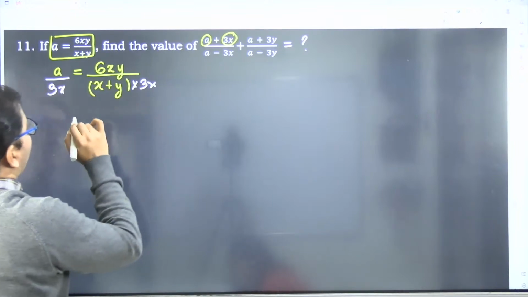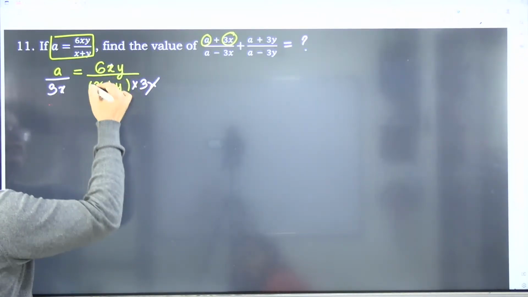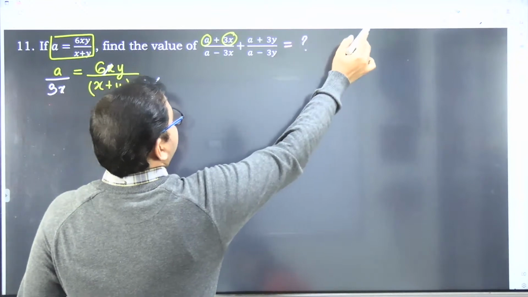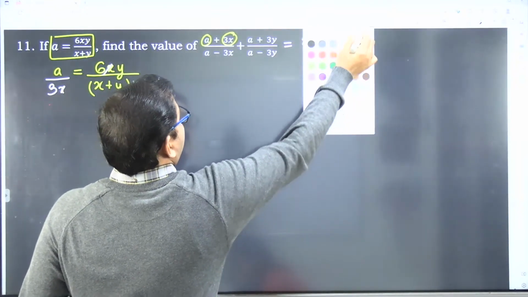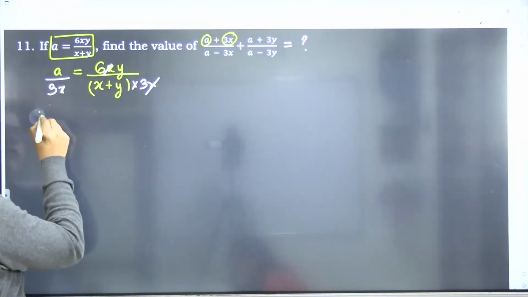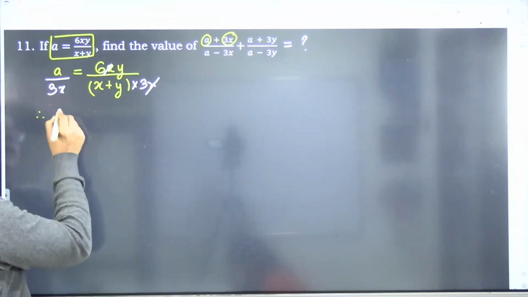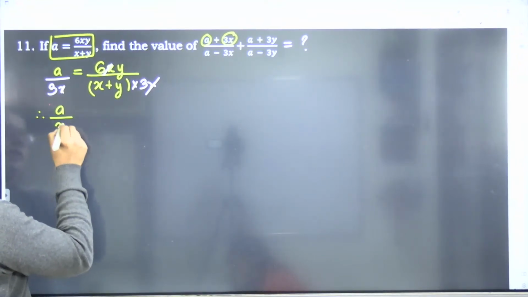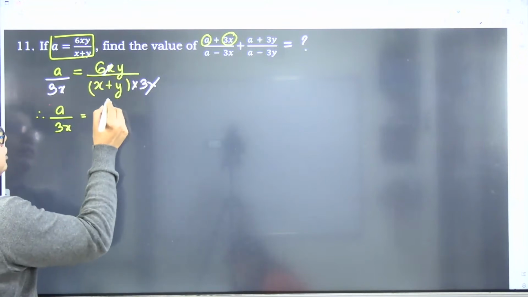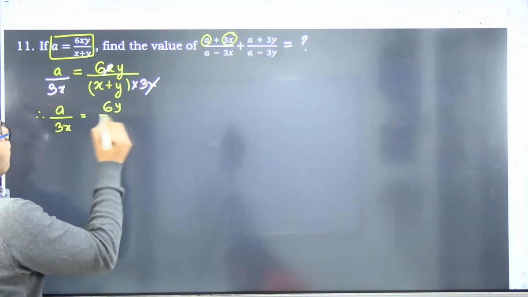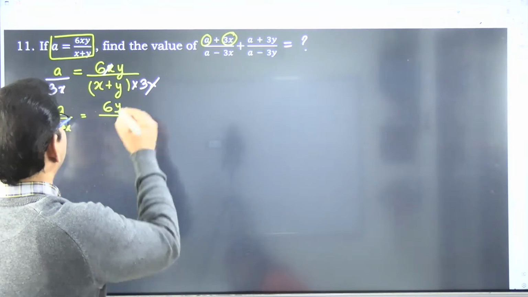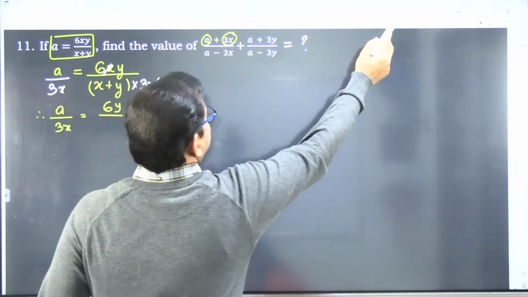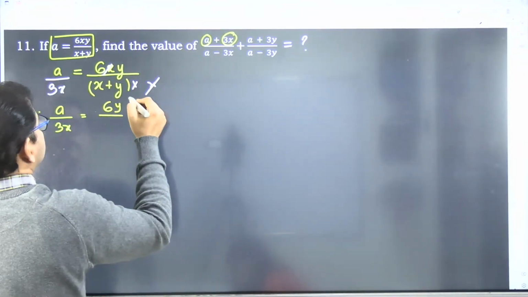Okay, so what is this? यहाँ से x and x got cancelled, so I am left with what? I am left with, therefore, okay, a upon 3x is equal to what? 6y upon 6y. Okay, not 6y, not 6y, because I can cancel this also, na?